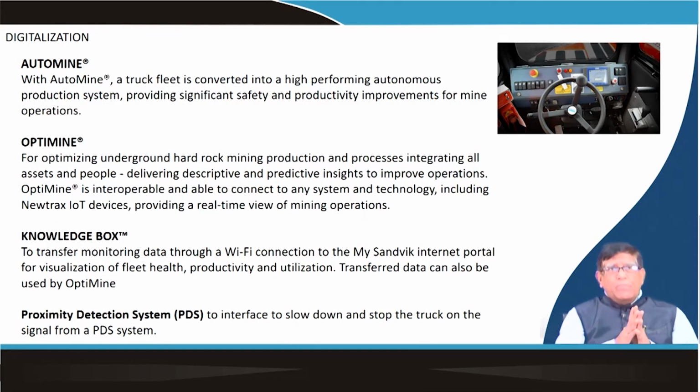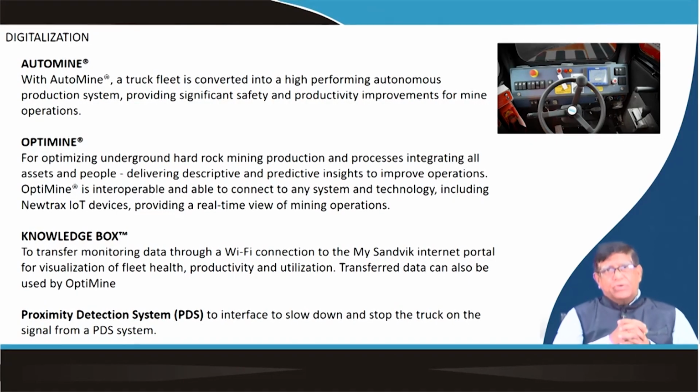Now, AutoMine is a fleet management, that is, truck fleet management system. It is also used in surface mining for the total fleet management, and they control the autonomous production system over there.